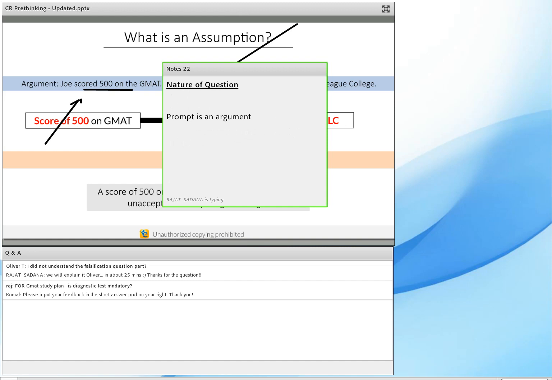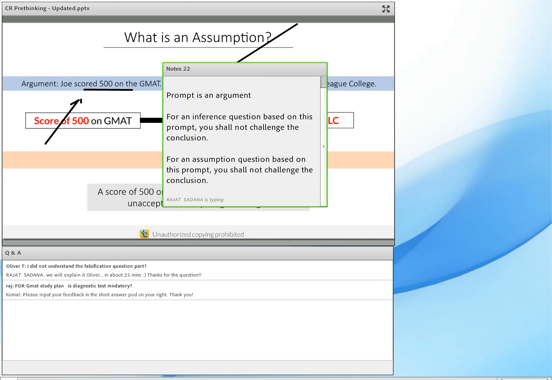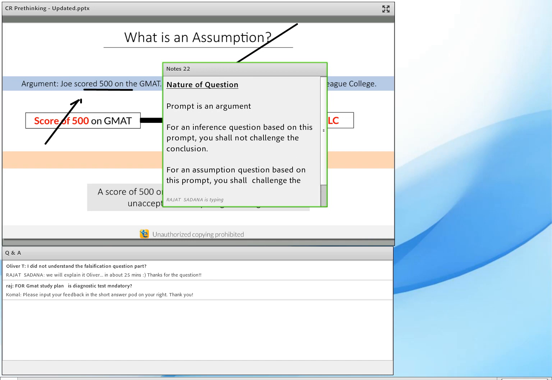If the prompt is an argument for an inference question, based on this prompt, you shall not challenge the conclusion. For an assumption question, let me just copy paste it, you shall challenge the conclusion. Let me highlight this. That's a very big difference between inference and assumption.